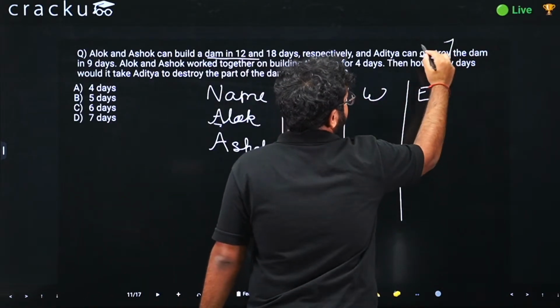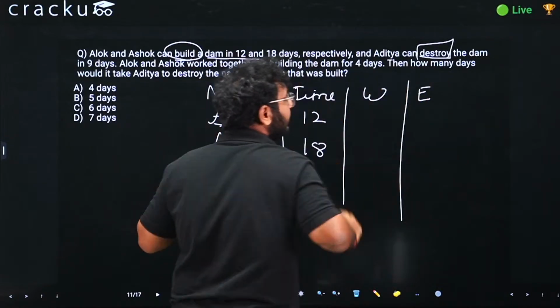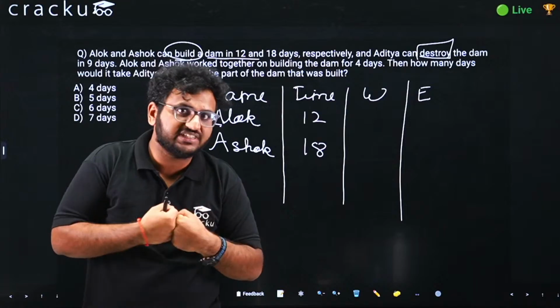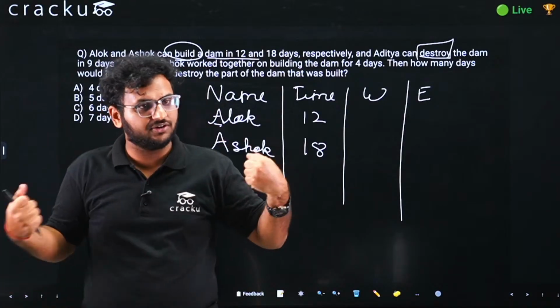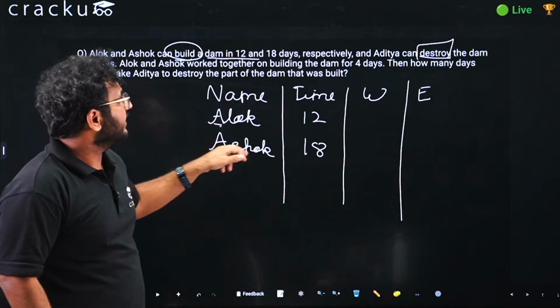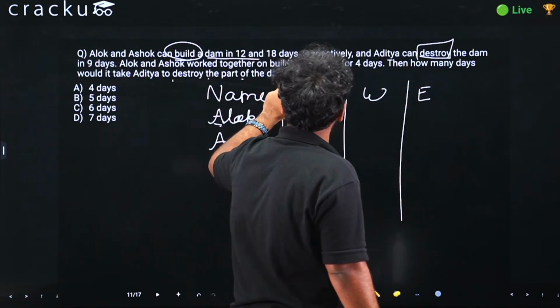Aditya can destroy. See, they are building a dam, and Aditya is destroying the dam. So they both are doing opposite work. Always remember, whenever two of them are doing opposite, we need to take negative. Then in how many days would it take Aditya to destroy the part of the dam that was built?